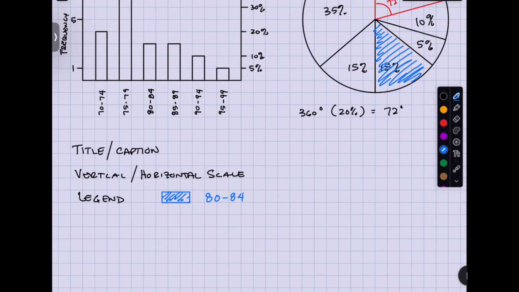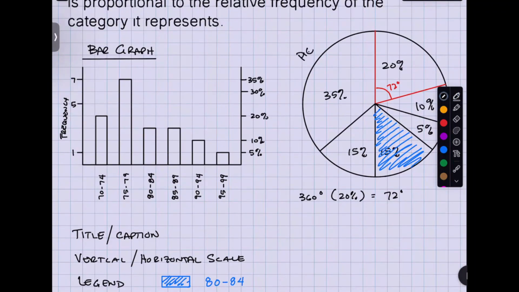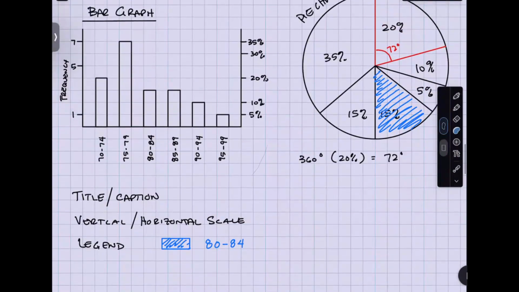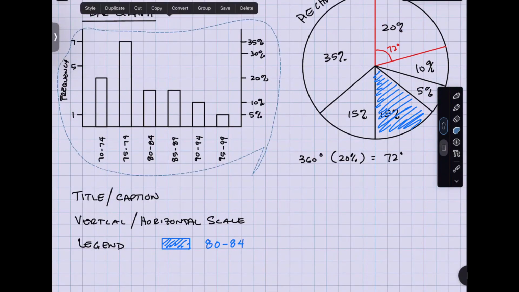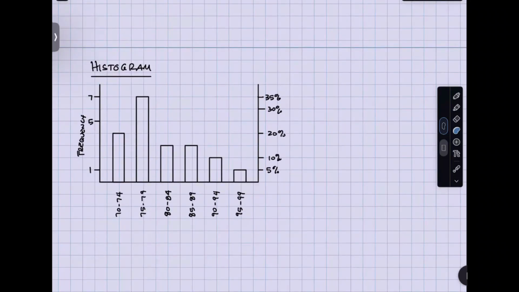So what's the difference between a bar graph, a pie chart, or better yet, what's the difference between a bar graph and a histogram? Ready for a histogram?